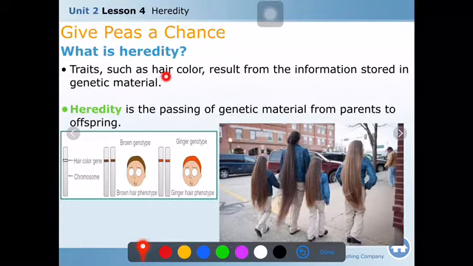Traits such as hair color result from the information stored in genetic material. The genetic material here is DNA in our body, in our cells actually.